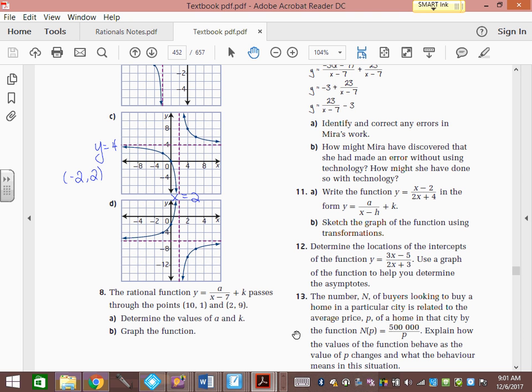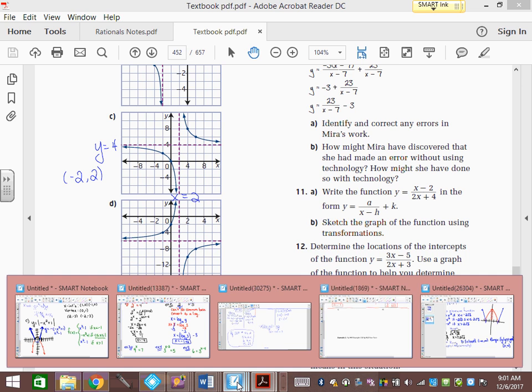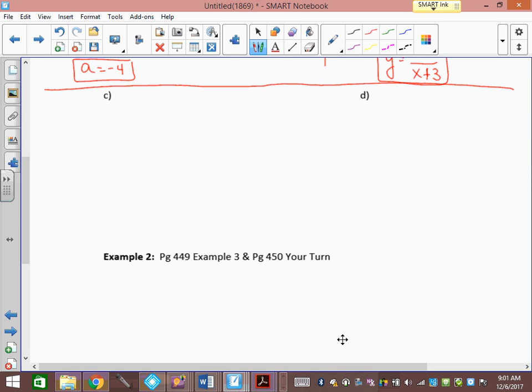Seem to be consistent with my 2's here. Okay, yeah. Now remind me when I get to the next page. 4, 2. Y equals 4, x equals 2, and then -2 and 2. I think I said x, y. Okay. So y equals a over x minus h plus k.